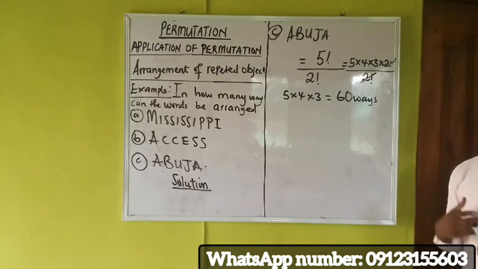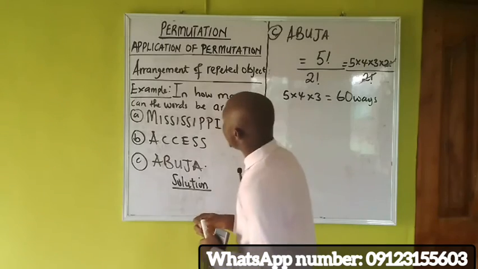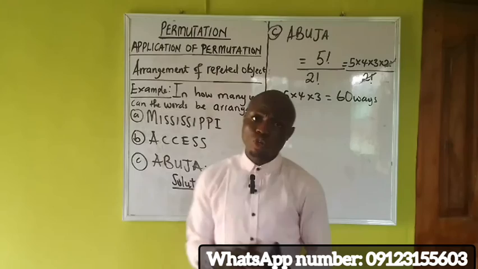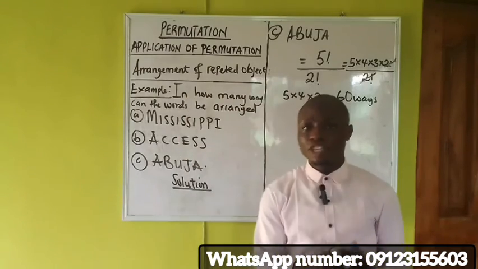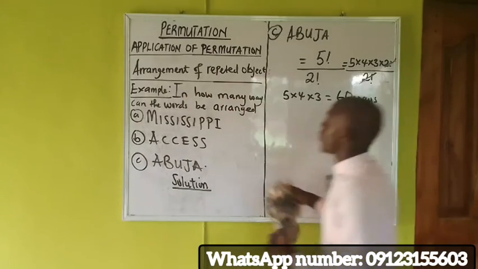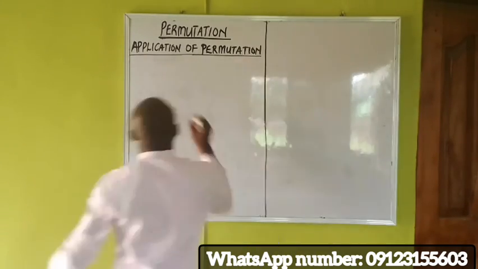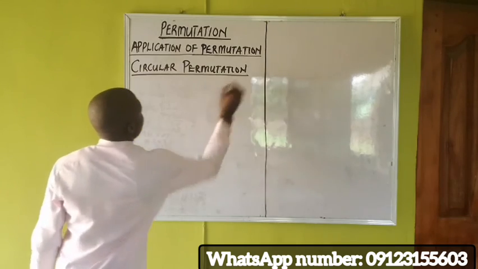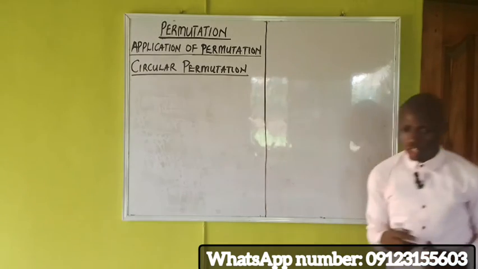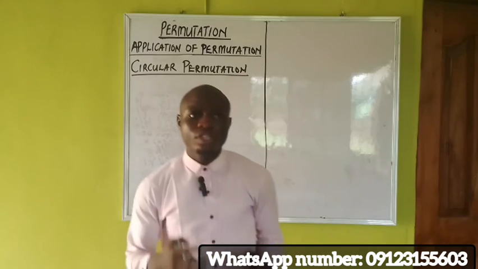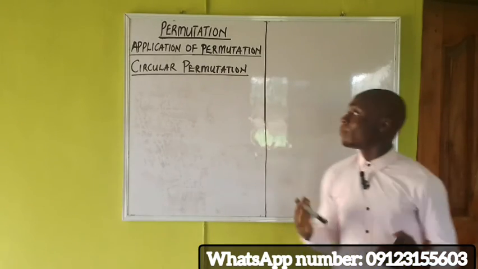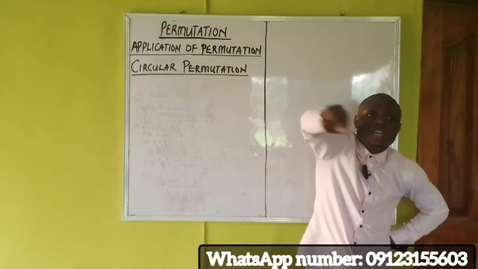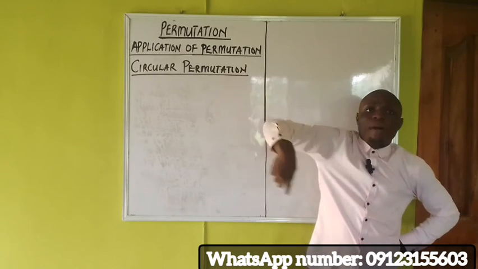Let's move into the last concept behind application of permutation, which is circular permutation. Circular permutation is a way of arranging objects in a round manner, in a circular manner.